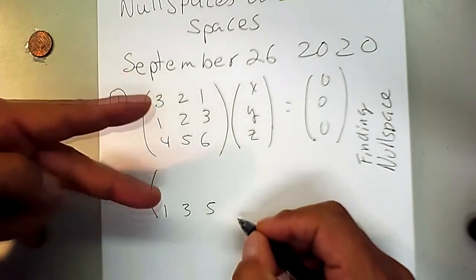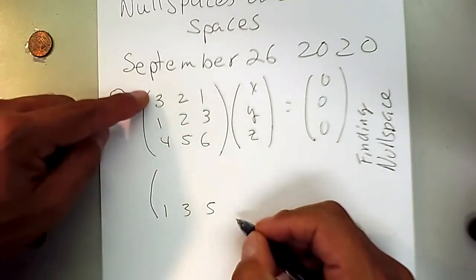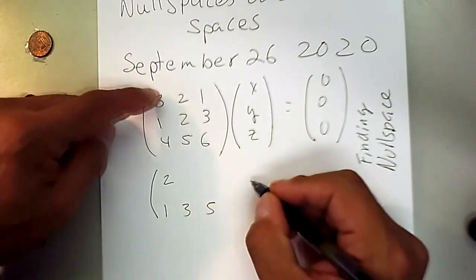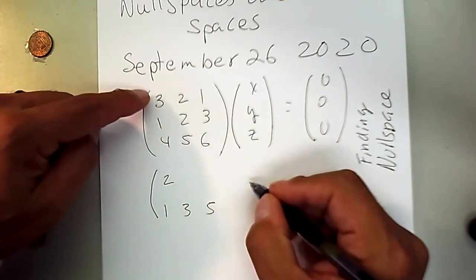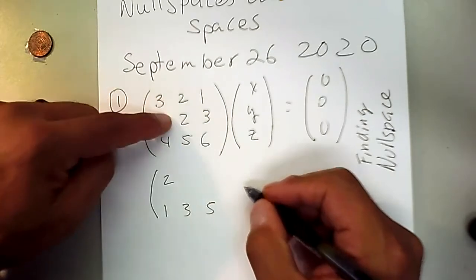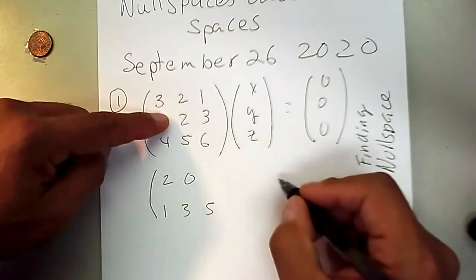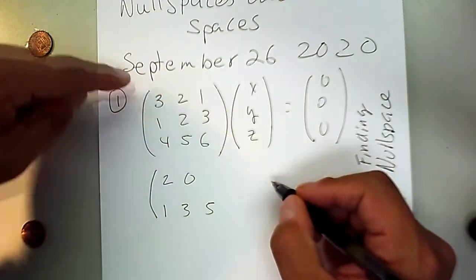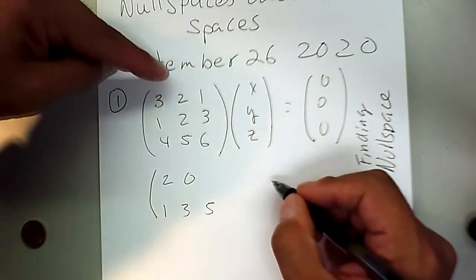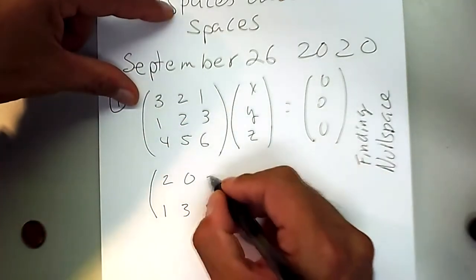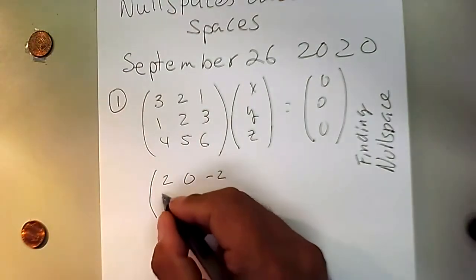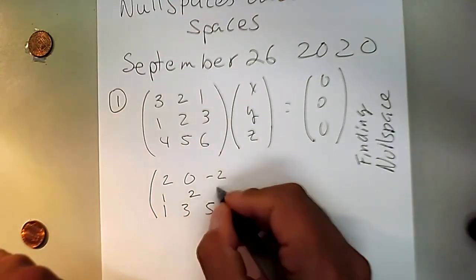So I'm actually doing two steps in one. 3 minus 1 is 2, 2 minus 2 is 0. I don't know if that's going to be too helpful to have a 0 this early into the problem. And then 1 minus 3 is negative 2. But that means that we leave this alone: 1, 2, 3.